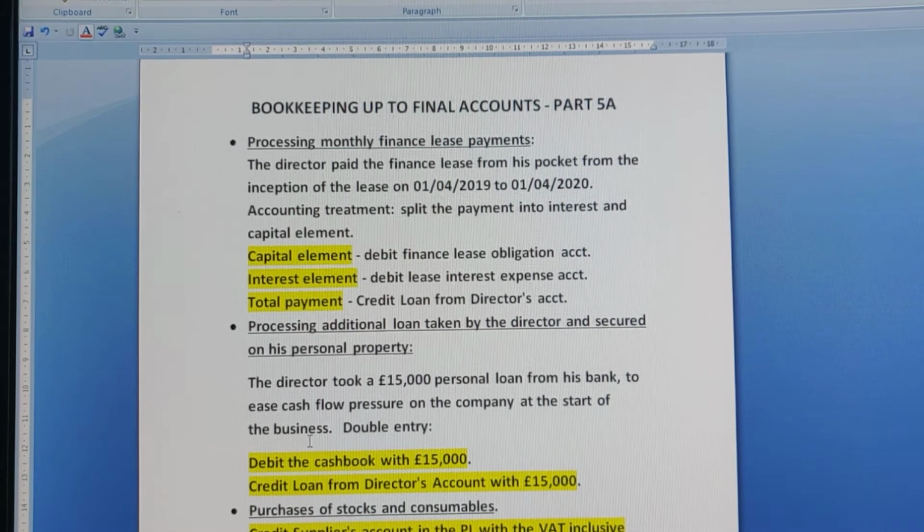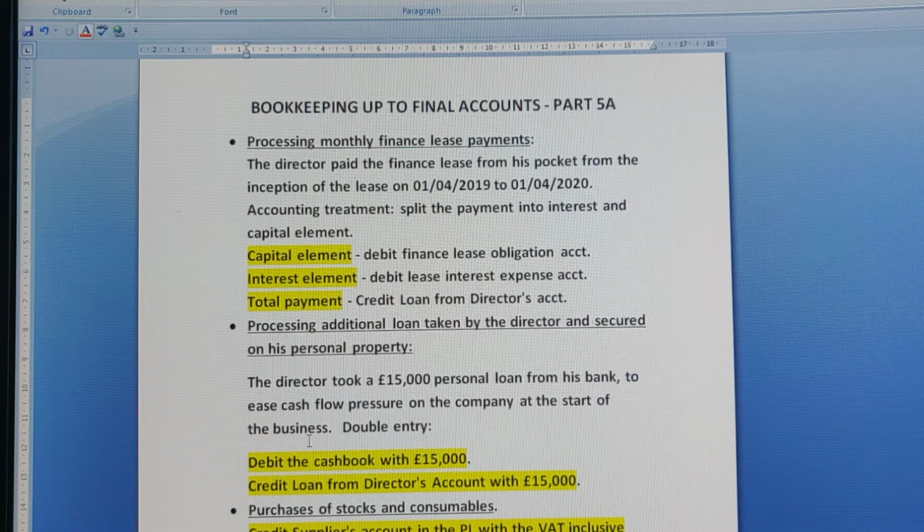The next item I'm now going to talk about is purchase of stock and consumables. Now, when you buy items for use in the business, things that are going to be consumed straight away, not like raw materials, the double entry should be: you credit the supplier's account in the purchase ledger with the total amount inclusive of VAT. Debit the expense account in the nominal ledger with the net amount exclusive of VAT.